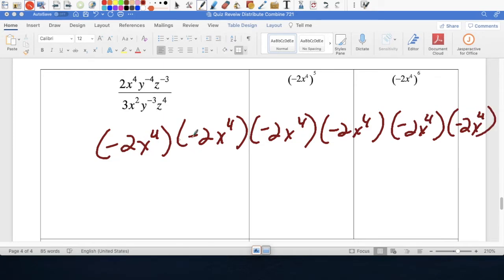So it's negative 2 times negative 2 times negative 2, 6 times, so it's going to be positive 2, 4, 8, 16, 32, 64. In this case, 64 positive. The x, keep the base, add the exponents. You got 4, 8, 12, 16, 20, 24, or just 6 times 4, which is 24.